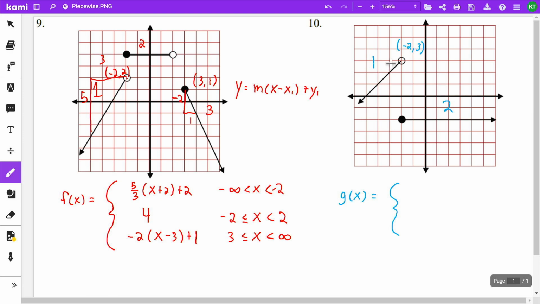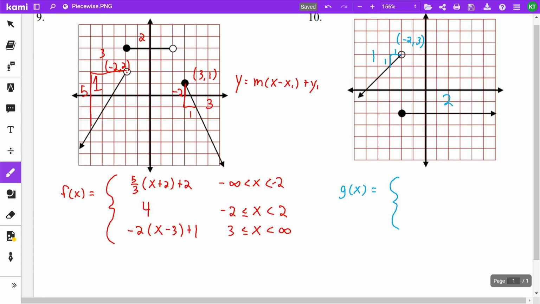And my slope for this one is up 1 over 1. So it's going to be 1 over 1. So when I plug this back into my point slope form, I'll have 1 times x minus -2, because again, minus -2 would give us a +2. So that would actually be x plus 2. And then plus y1, so plus 3.